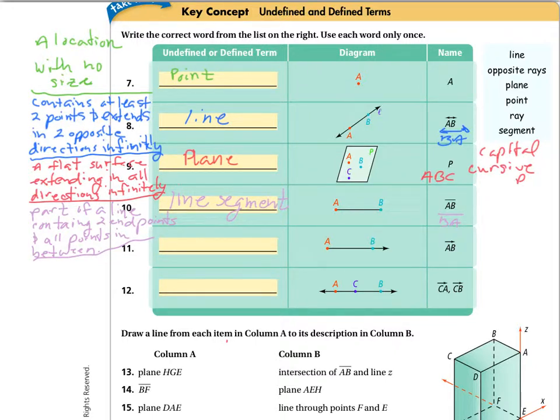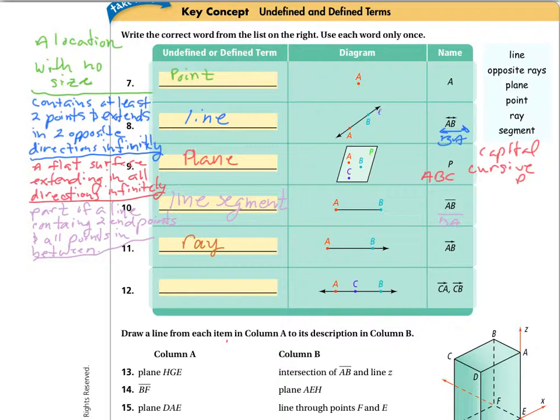And then the difference between these two, you see point A, but what's happening here at point B? Does this line segment stop at point B? It's going infinitely in the direction through point B. So this is called a ray. A ray starts at one endpoint and goes infinitely in the direction through another point. So here's a ray.